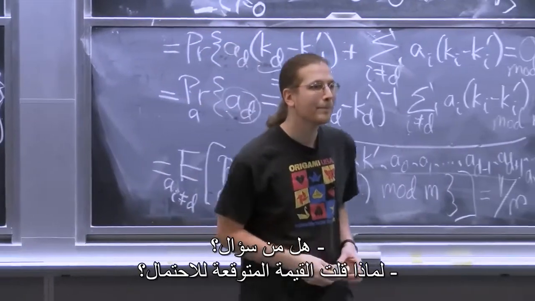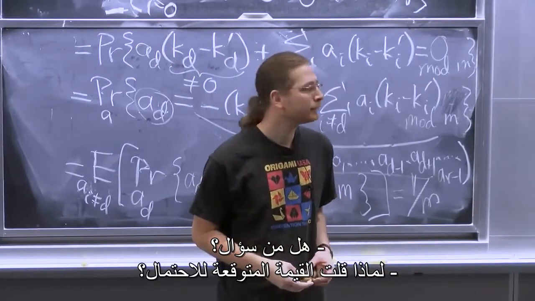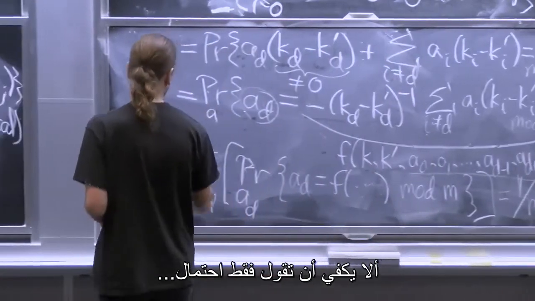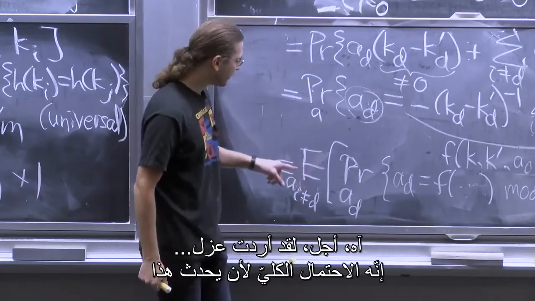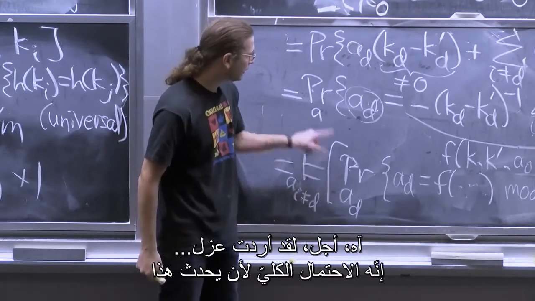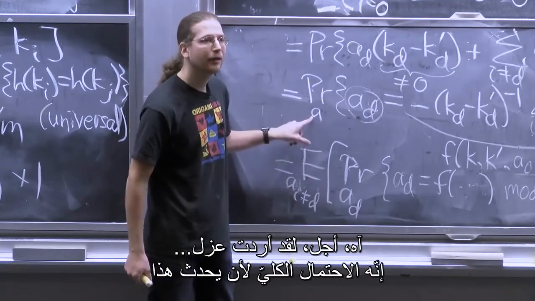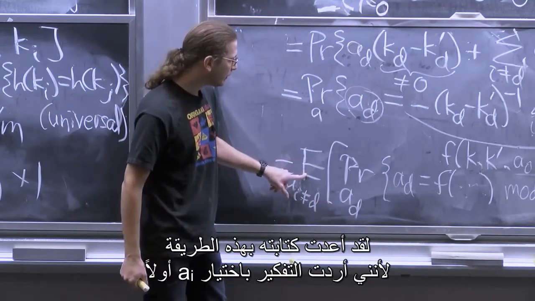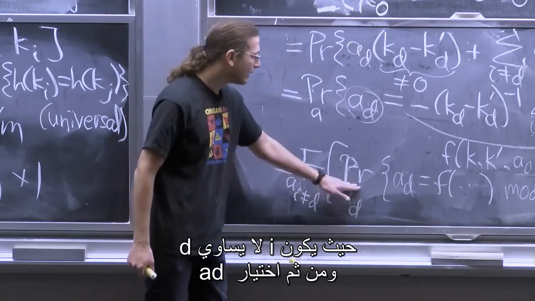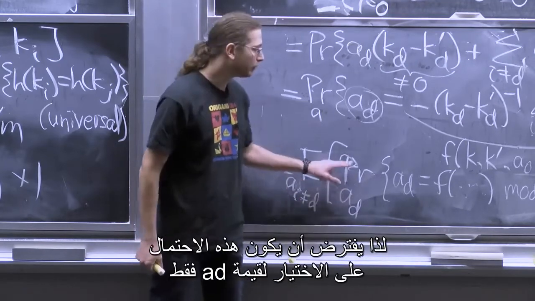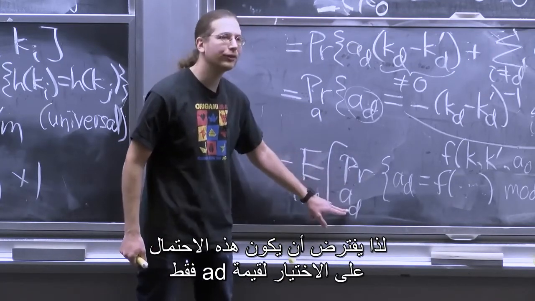Question? Why do you say expected value of the probability? Isn't it sufficient to just say the probability of one line? Well, I wanted to isolate, it is the overall probability of this happening. I rewrote it this way because I wanted to think about first choosing the AIs where I does not equal D, and then choosing AD. So this probability was supposed to be only over the choice of AD.